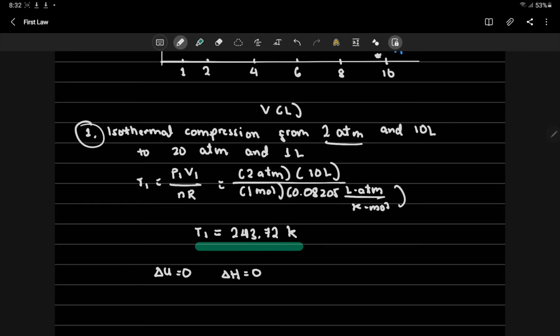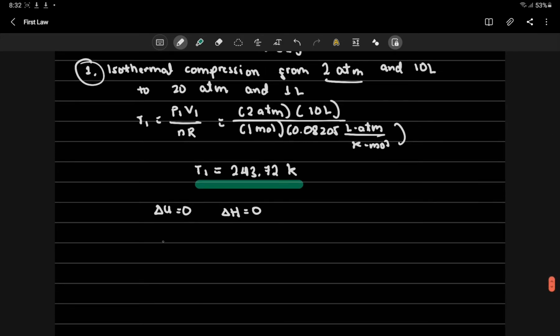Okay. Kapag isothermal, kung maalala nyo yung derivation natin ng equation for work, so remember it's W equals minus nRT ln of V2 over V1. Okay, so that is our equation for work in an isothermal reversible process.